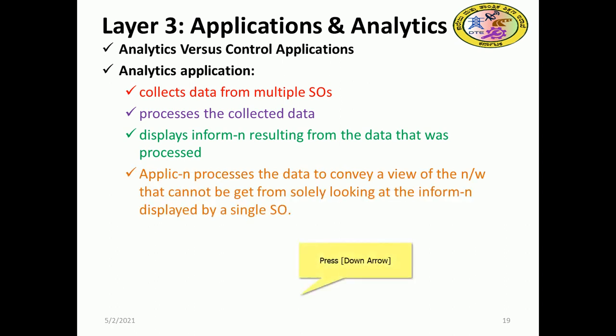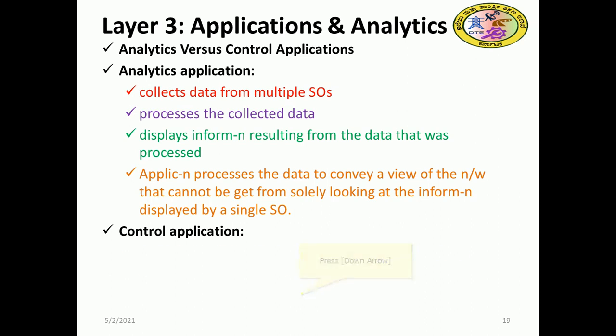These applications process the data to convey a view of the network that cannot be obtained solely by looking at the information displayed by a single smart object. Here we get concrete, semantic, meaningful data as the real world can understand, rather than data from a single smart object.